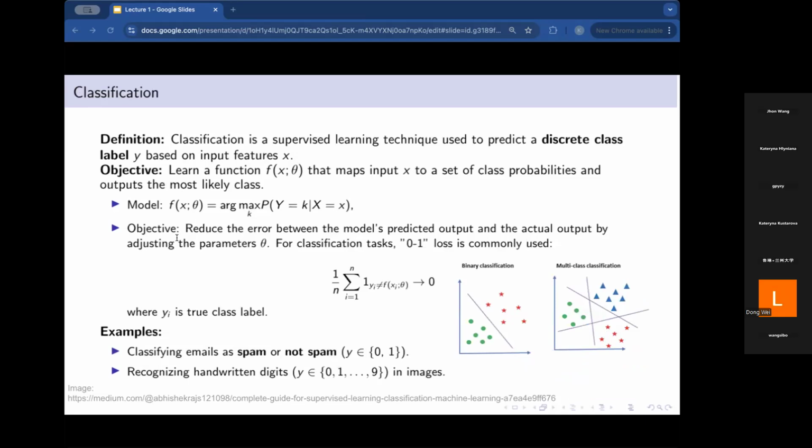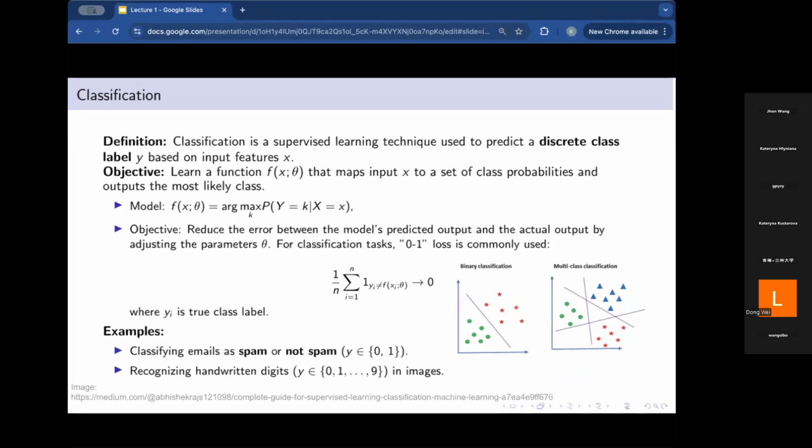Next, we will examine classification more thoroughly. Classification, like regression, is a supervised learning method. However, in classification, we predict a discrete label rather than a continuous value.